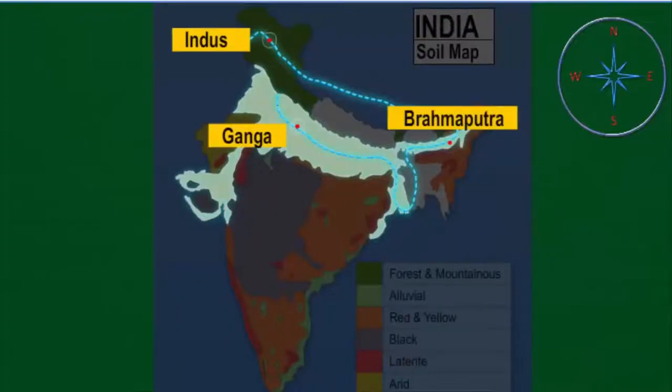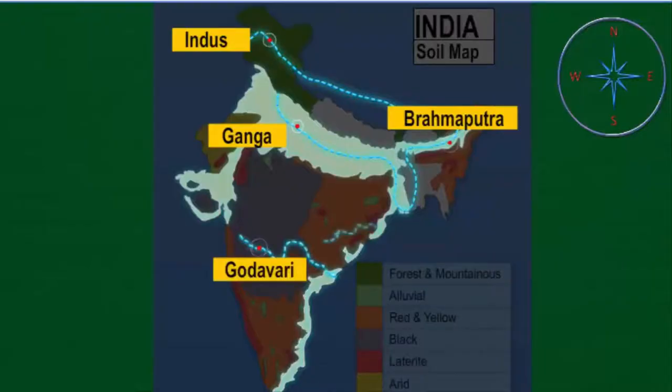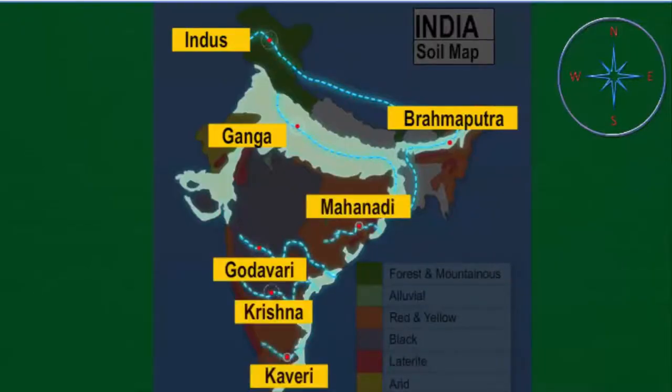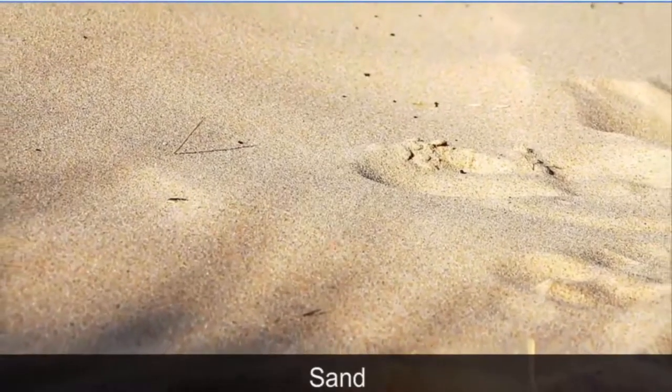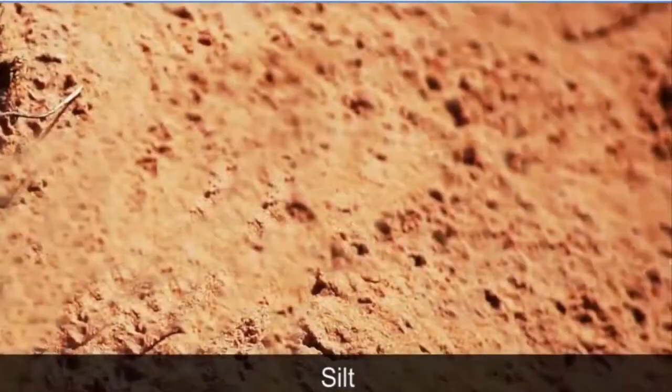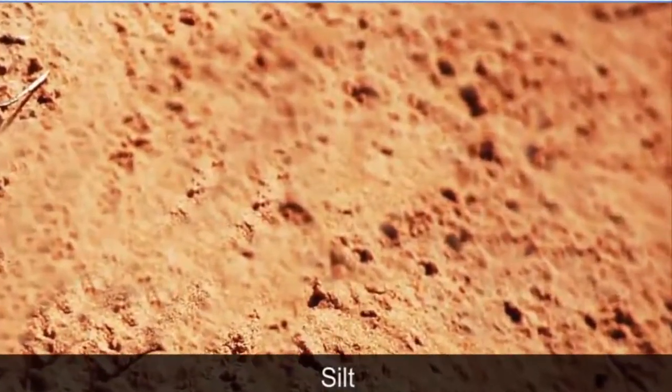Alluvial soils are also found in the eastern coastal plains and deltas of the Godavari, the Mahanadi, the Krishna and the Kaveri. Alluvial soil is a mixture of sand, silt and clay.